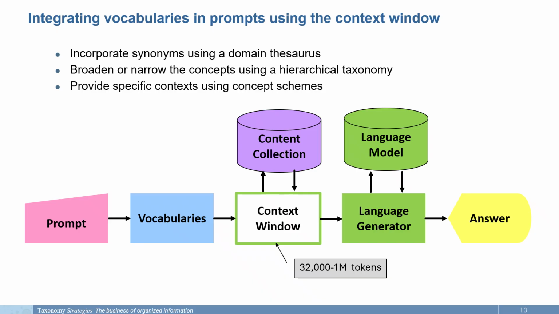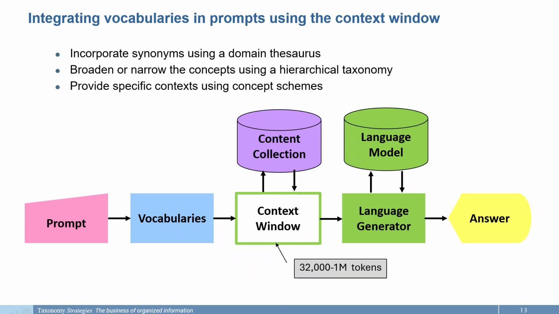While it's possible to manually refer to vocabularies while writing prompts, large language models integrate with other systems through the context window. The context window is the input text that the LLM can process.